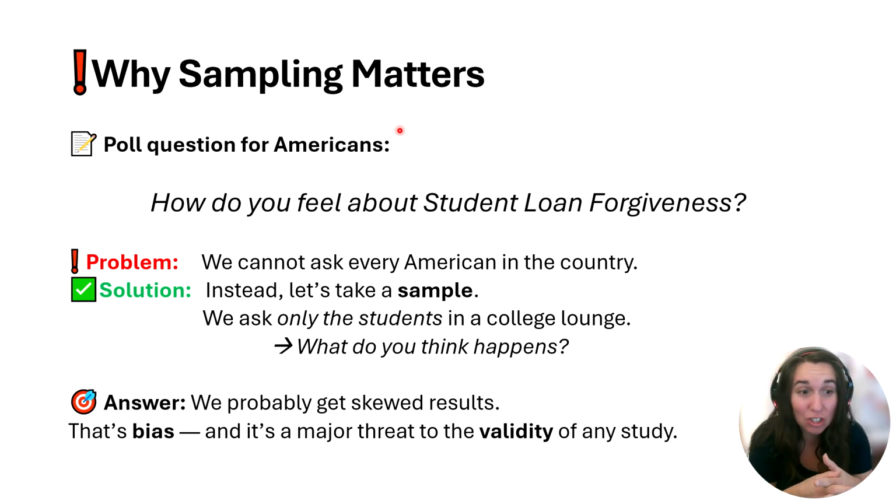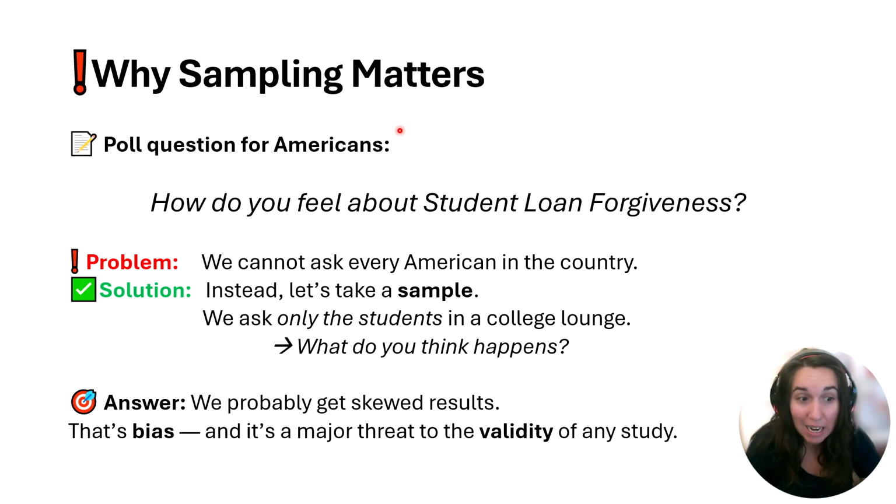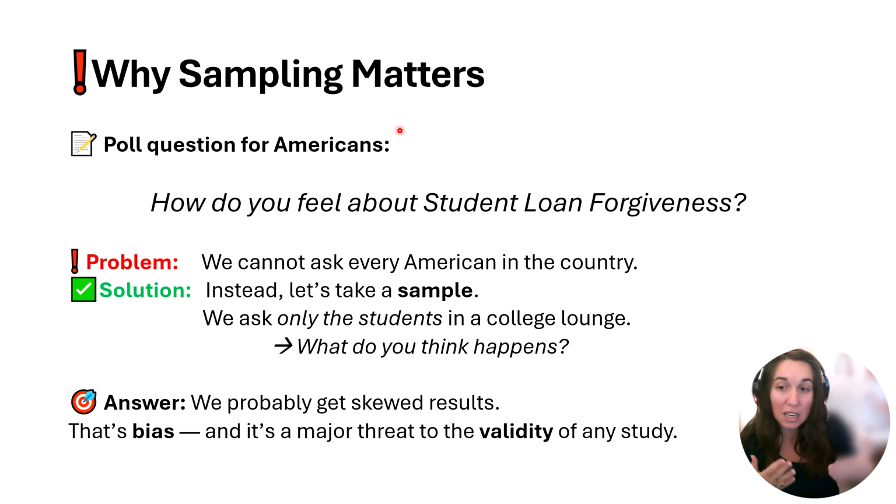They're in college, and it would be really advantageous for them to get their student loans forgiven. So we're probably going to have skewed results. There are probably going to be a disproportionate amount of students that would say, hey, student loan forgiveness is a great thing, because I want my student loans forgiven. That would really help me get a leg up in life. But is that really representative of our population, the American population at large?